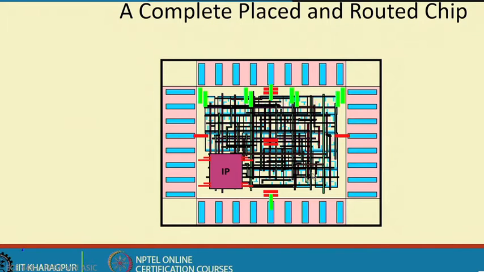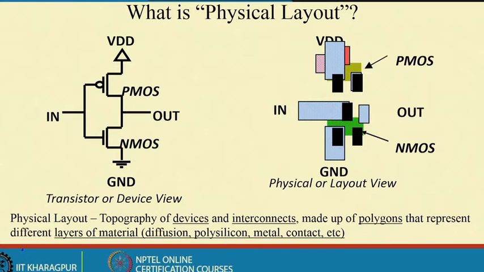So, this is just one example of one complete placed and routed chip if I follow the ASIC design style. I am talking about this layout. What is this layout? It is nothing but the physical view of the corresponding circuit.